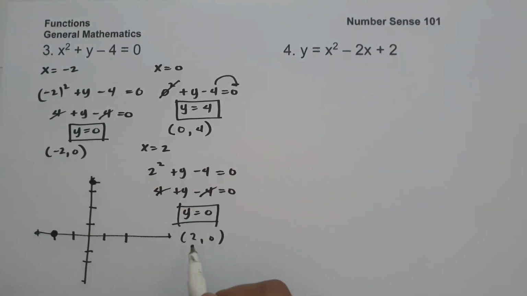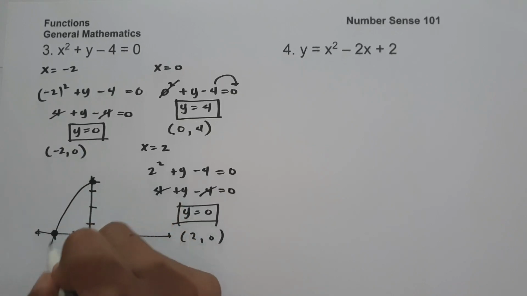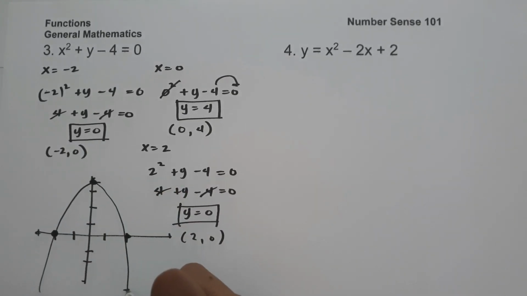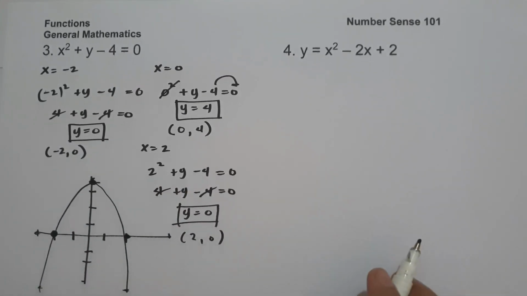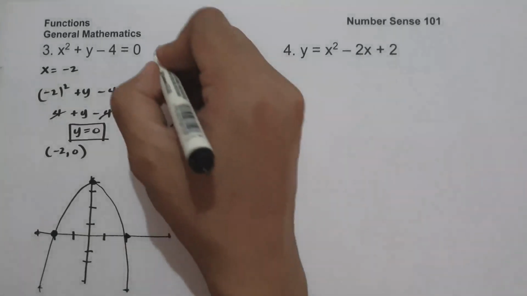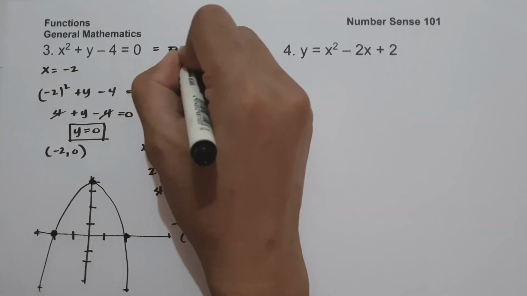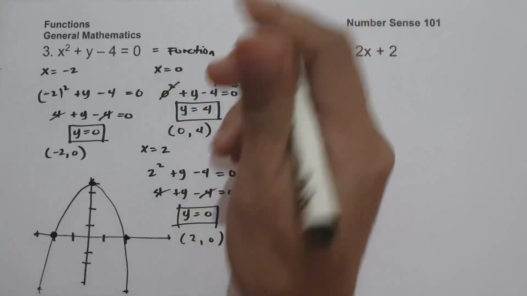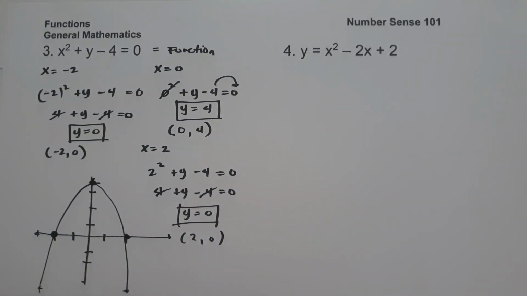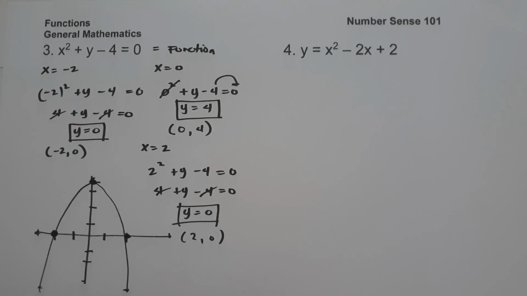And then let us have 2, 0. So as you can see, we have a parabola that opens downward. And our graph intersects the vertical line once. So this one is a function.